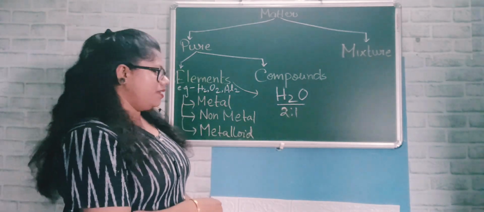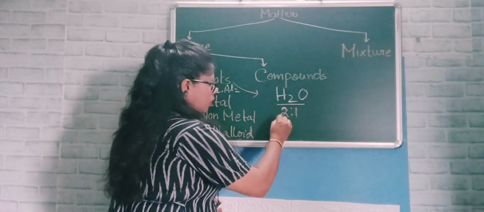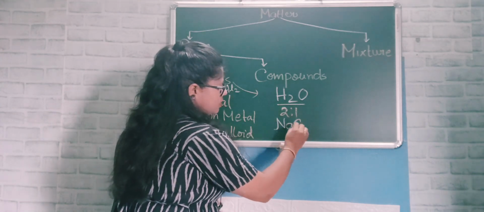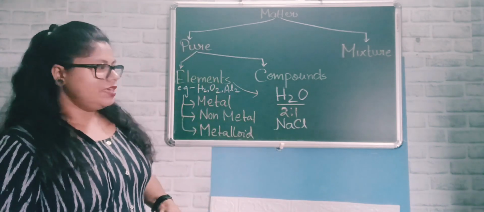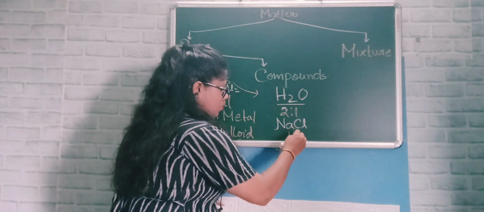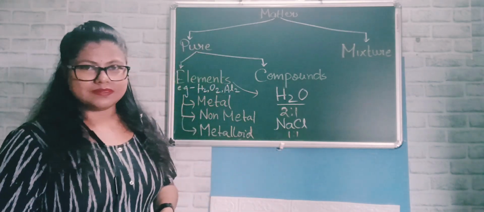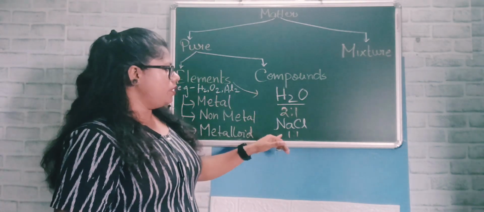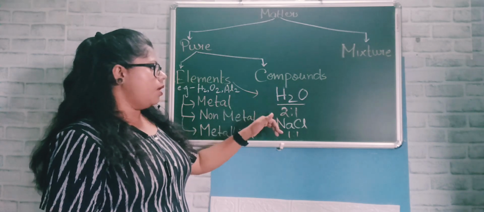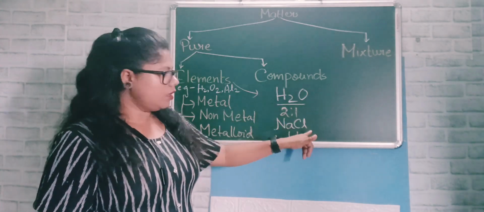Similarly, let's take another example: our common salt, NaCl. Here we can see the proportion is 1:1. This compound NaCl is made up of sodium and chlorine.